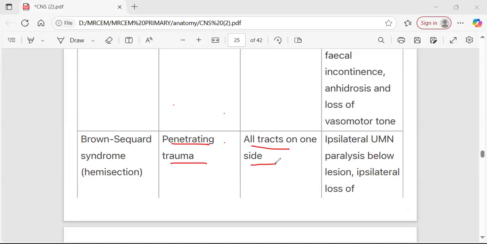On one side, meaning if left-sided tracts are involved, how will the temperature be lost? If the left tracts are involved, temperature and crude touch sensation will be lost on the right side or the left side?